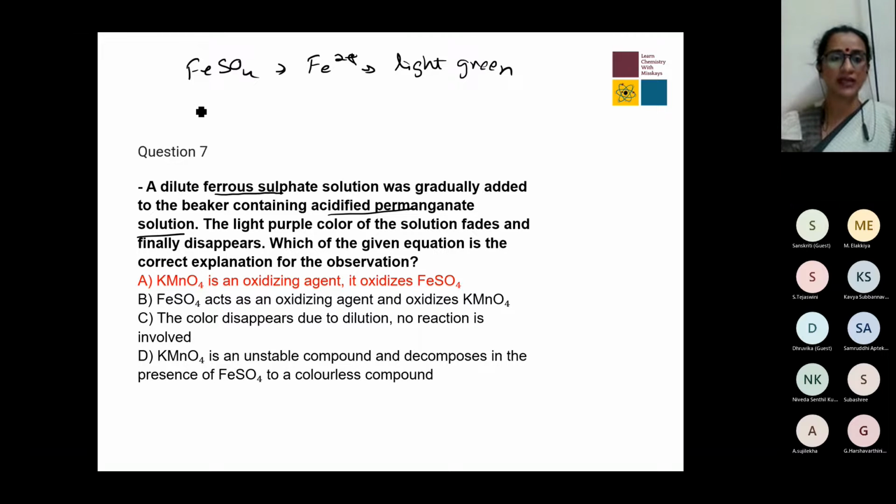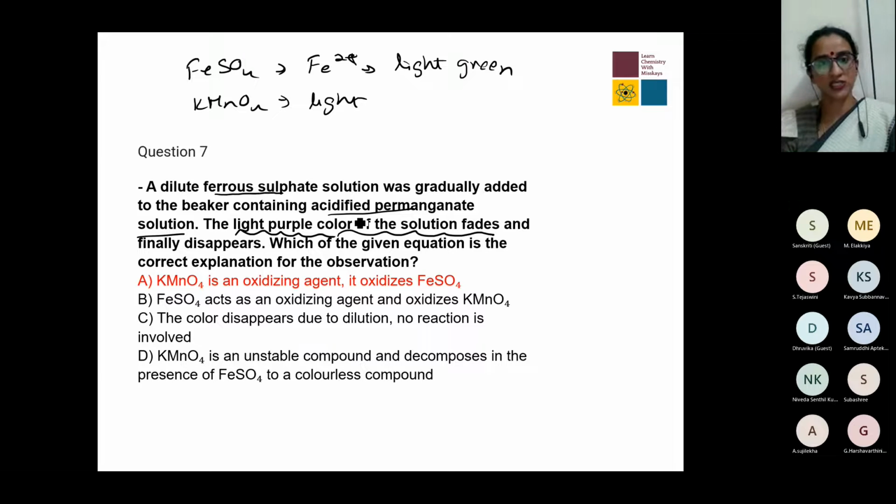So potassium permanganate, KMnO4, is a purple color. Is a light purple. And how do we know this? Because it tells us that the light purple color of the solution is fading. Now, if my ferrous sulfate solution is green, then obviously the only other solution available in the starting is acidified potassium permanganate. So that has to be the purple color, right?